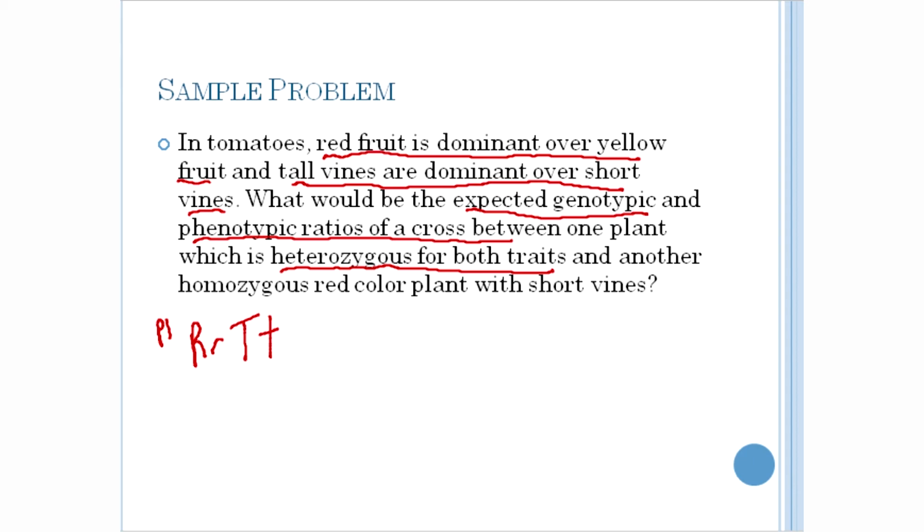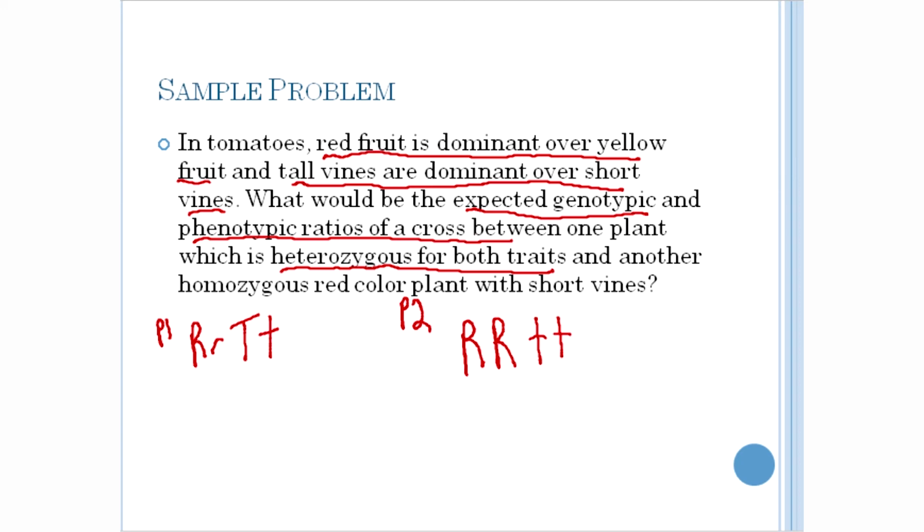Parent 2, you are told homozygous red color, so that would be big R, big R, and short vines. As short is recessive, little t, little t. Those are your parents. The next step is what are the possible gametes.